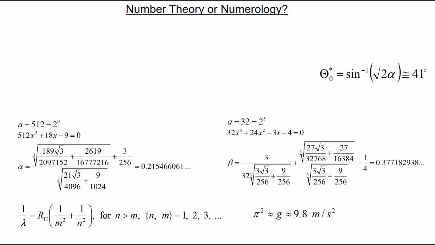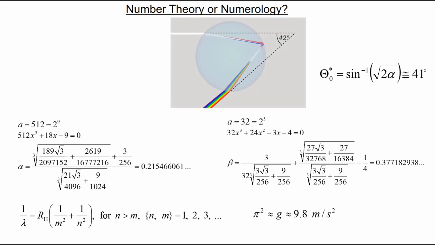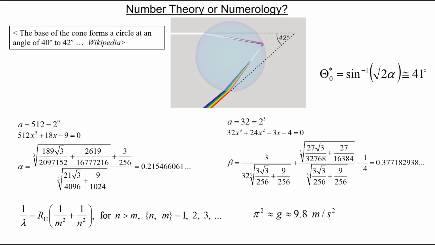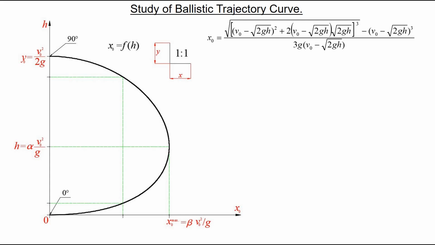The 41 degrees is related to rainbow formation at a maximum of 42 degrees, which is an average value between 40 and 42. According to Wikipedia, the base of a cone forms a circle at an angle of 40 to 42 degrees.